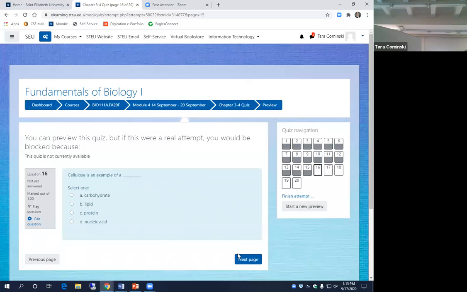Remember you asked about structural versus... Yeah, good. So cellulose is part of cell walls in plants. Yeah, structural carbohydrate. Because we divided complex carbohydrates into the energy-related carbohydrates, like energy storage, and then structural. All right.